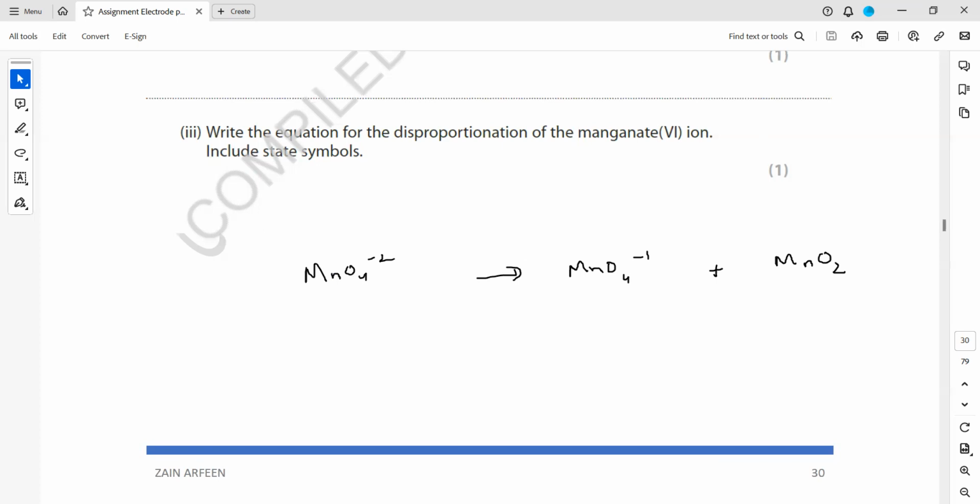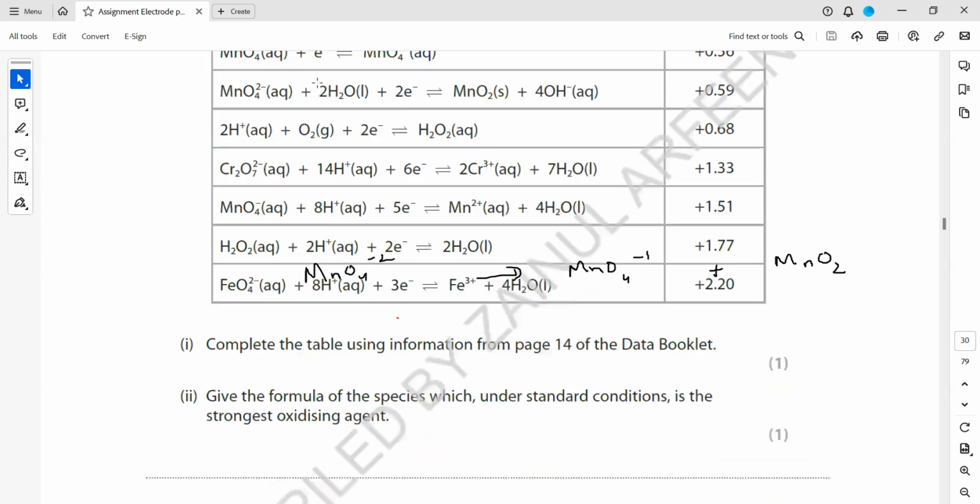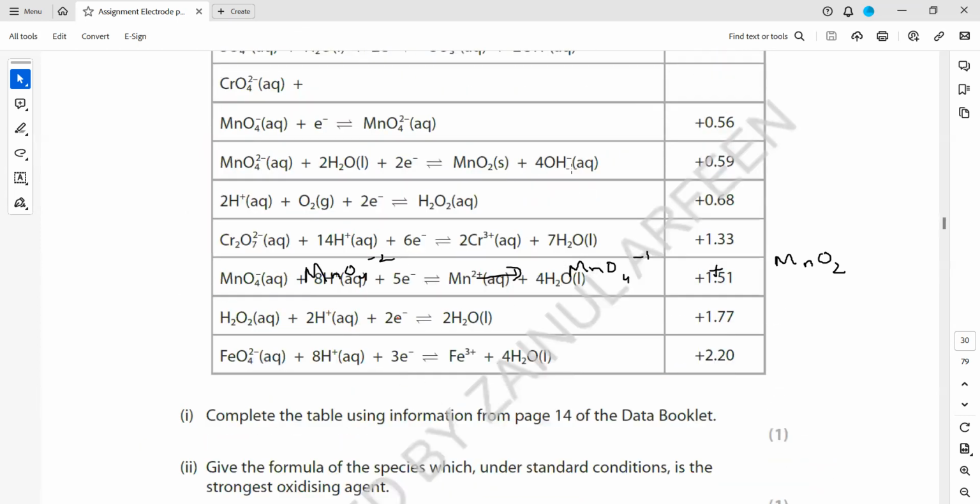Now to write a balanced equation, to balance oxygen we add 4 water molecules. Mn should also be balanced, because overall we want to balance all of them. And this equation is in an alkaline medium, as you can see, OH is there.